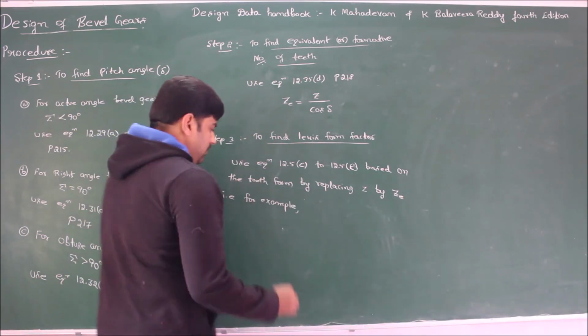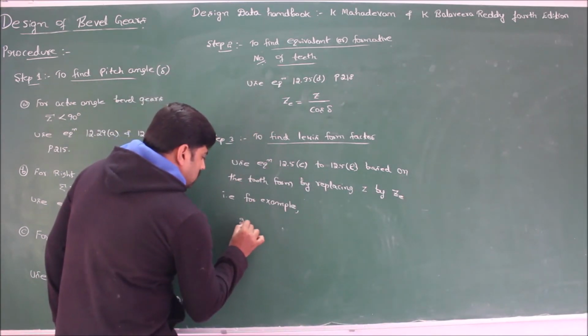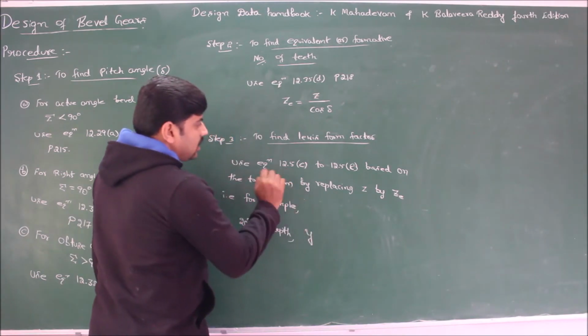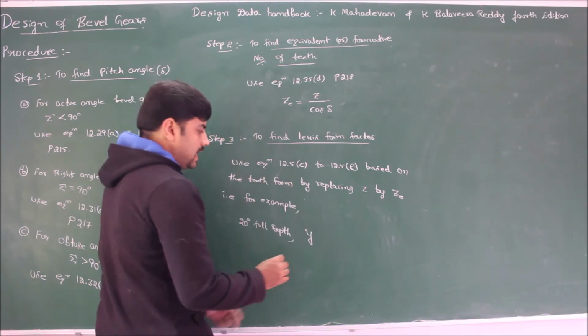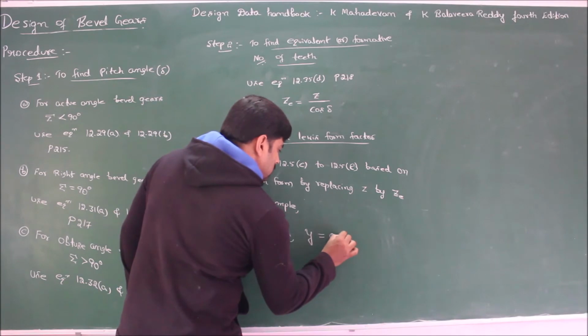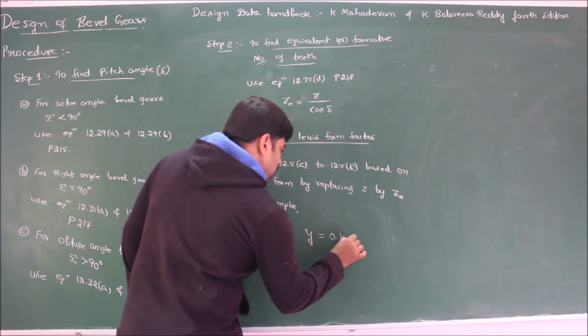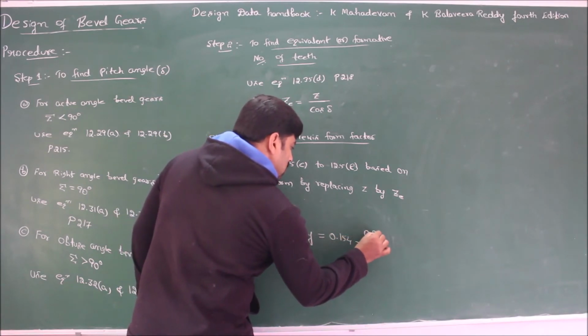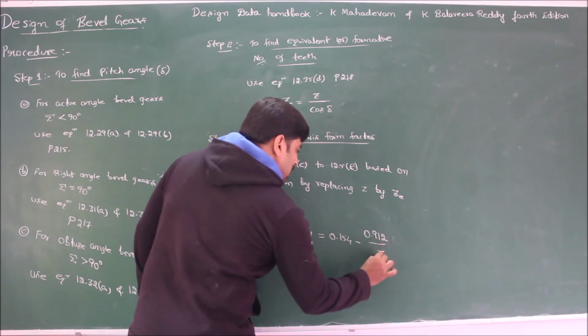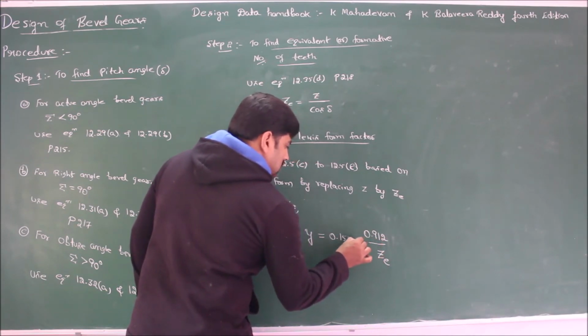For example, if I consider 20 degree full depth, we should use equation 12.5d as y is equal to 0.154 minus 0.912 by Z equivalent.